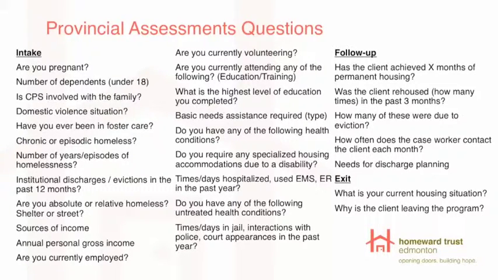But there are questions like about education and training, about foster care, about domestic violence, about what services you've been discharged from, how long you've been homeless, and then follow-up questions looking at have you been rehoused recently, how often are you in contact with a caseworker, and at exit, what's your current housing situation, and why is the client leaving the program, which are a couple useful evaluative questions in asking how successful we are at maintaining housing.